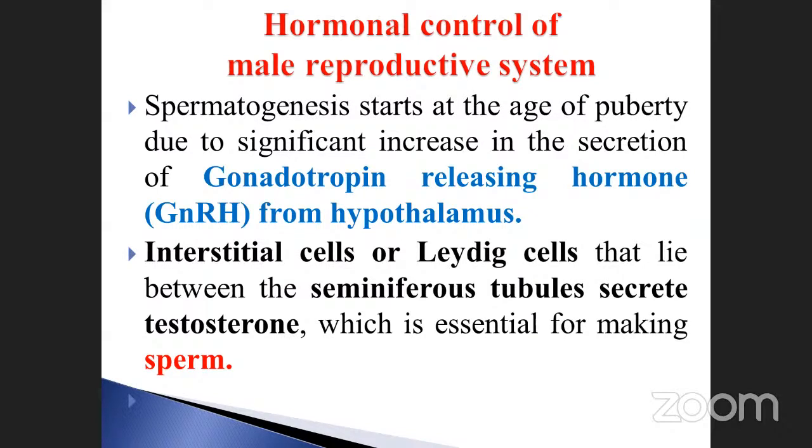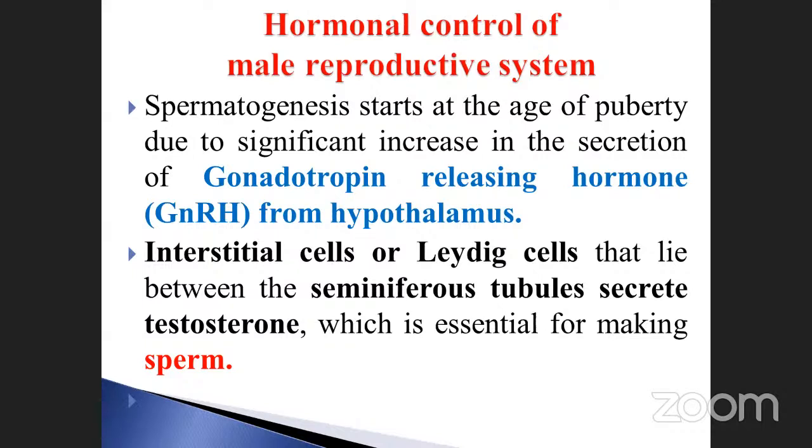Then the interstitial cells or Leydig cells that lie between the seminiferous tubules secrete testosterone and other hormones. Sometimes they may ask the question: seminiferous tubules lie in between the interstitial cells or Leydig cells.